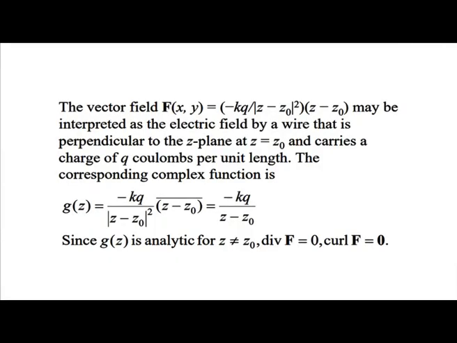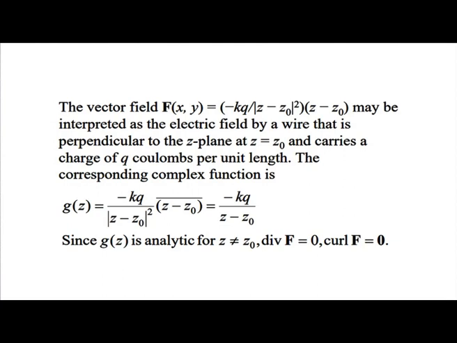The vector field F(x,y) equals minus kq divided by the modulus of z minus z naught squared, into z minus z naught, may be interpreted as the electric field by a wire that is perpendicular to the z plane at z equal to z naught and carries a charge of q coulombs per unit length.